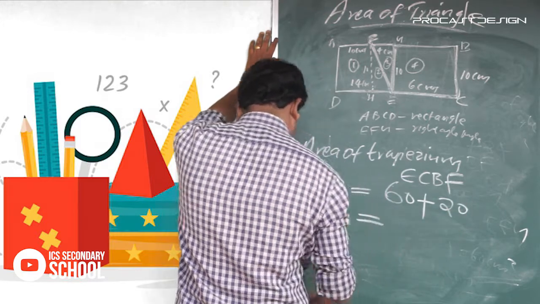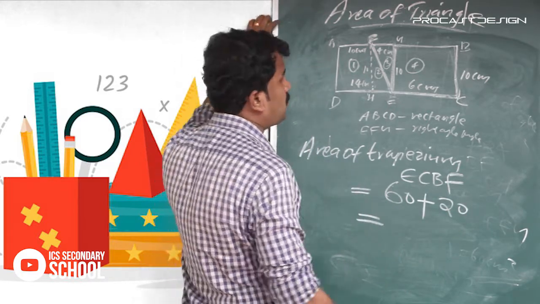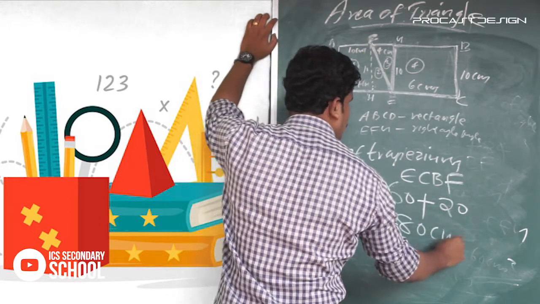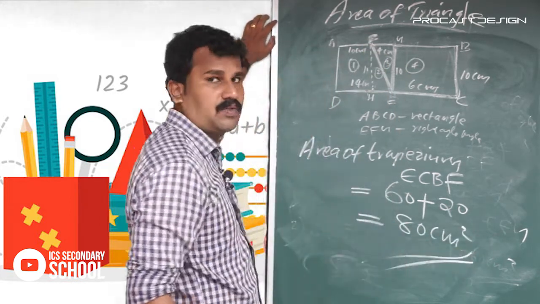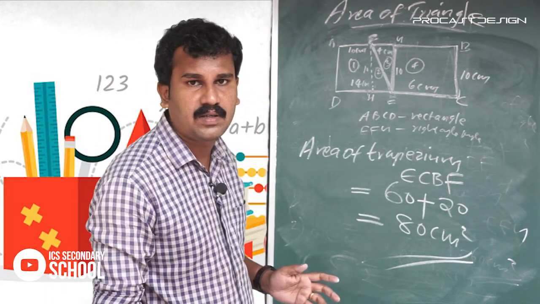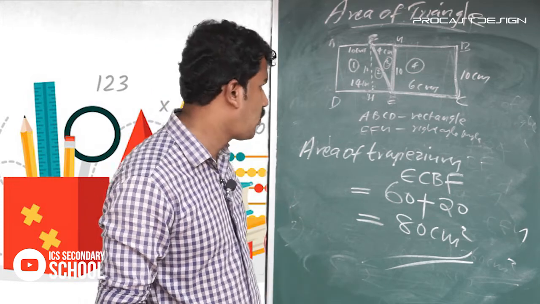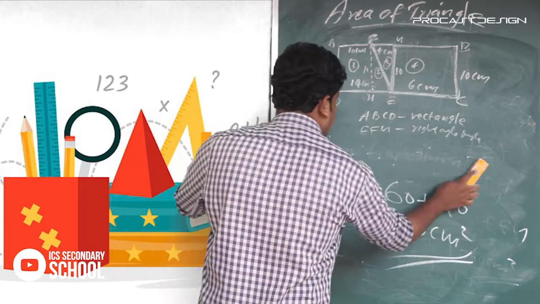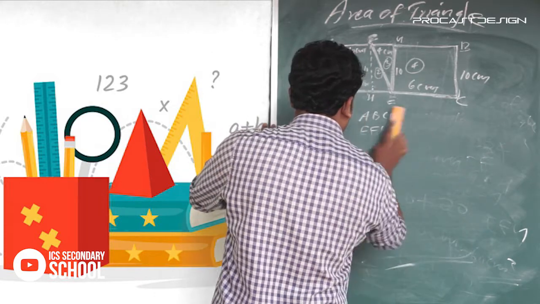So area of trapezium ECBF is equal to 80 cm square. Got it? Yes. So here in this figure we calculate the areas of two trapezium.